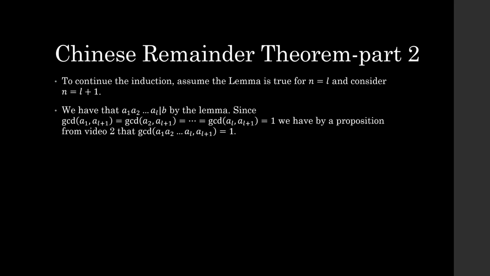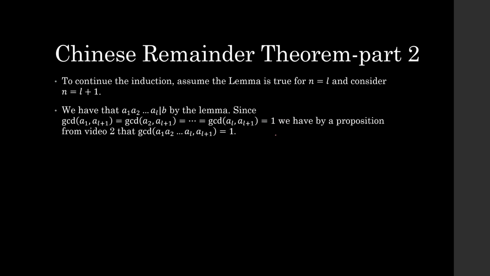So we've got that a1, a2, all the way to aL, multiplying all these together, are going to divide b, and that's just what the induction hypothesis tells us. Now the greatest common divisor of a1 and aL plus 1 is the same as the greatest common divisor of a2 and aL plus 1, and is the same as all these guys with aL plus 1, and it gives us 1, because everything's pairwise coprime, okay?